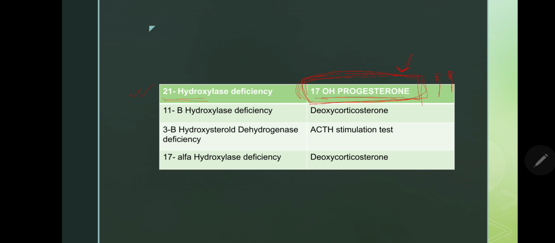After that we confirm by giving the ACTH stimulation test.